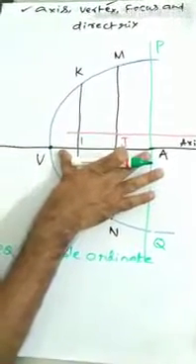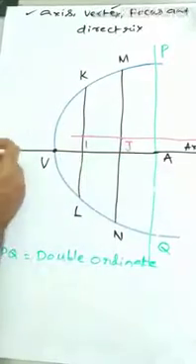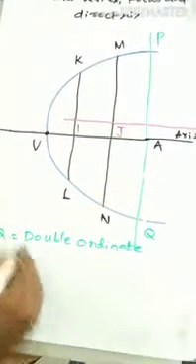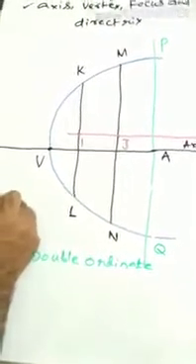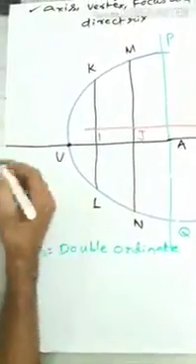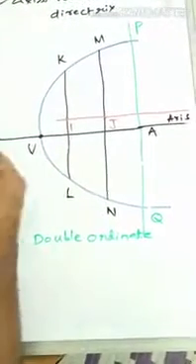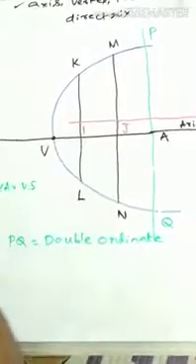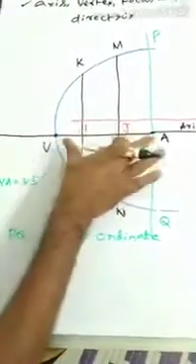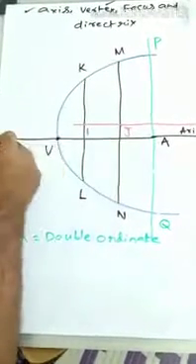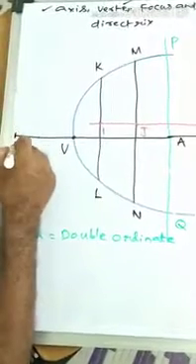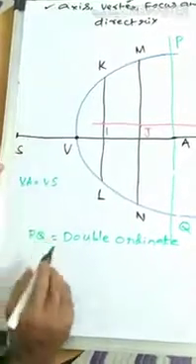Measure this length. Suppose VA is equal to VS. I am assuming, but exactly it is going to be equal. VA equals VS. I am locating a point S here.